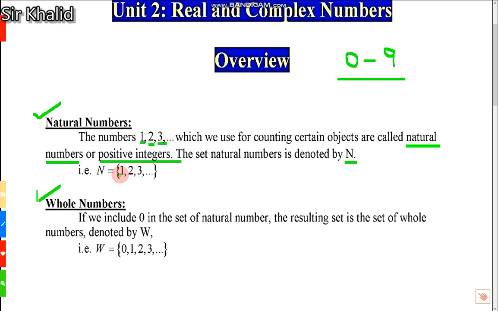If I include 0 in the set of natural numbers, the resulting set is the set of whole numbers, and it is denoted by capital W. So W is equal to 0, 1, 2, 3.